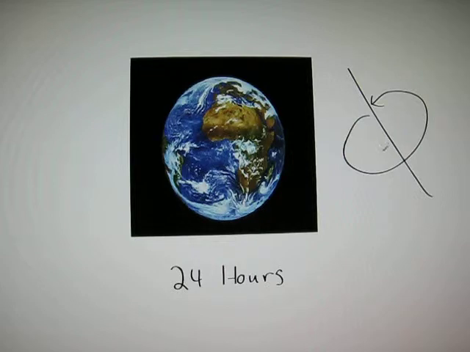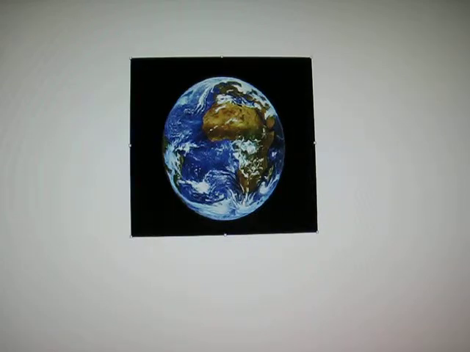So one complete day for us, we say, is 24 hours. And we measure because it takes that amount of time to spin one complete circle around the Earth's axis. So this is our Earth's rotation.